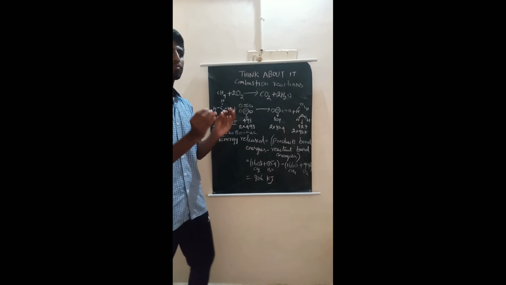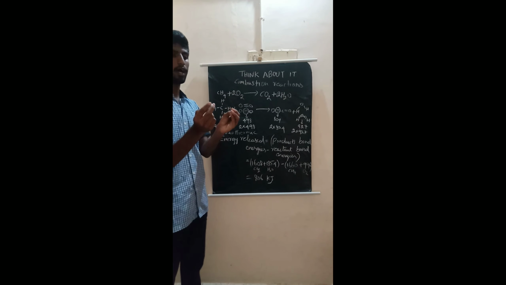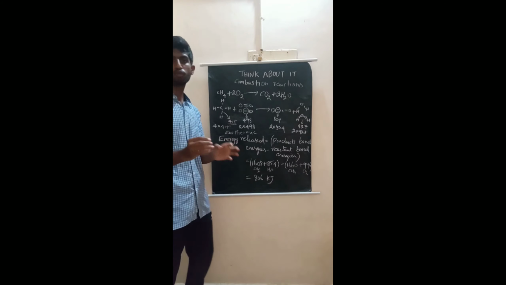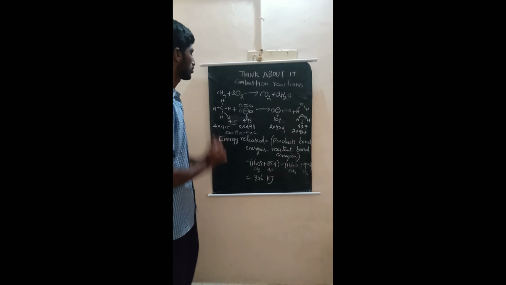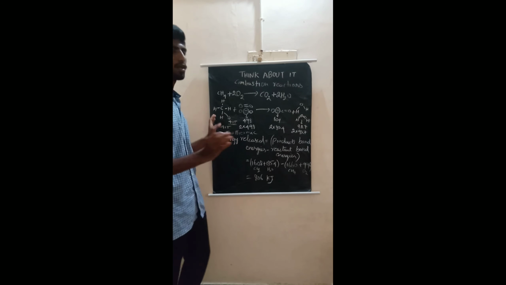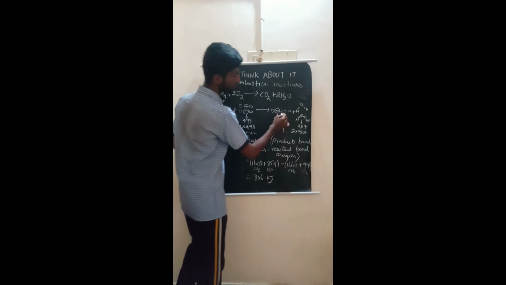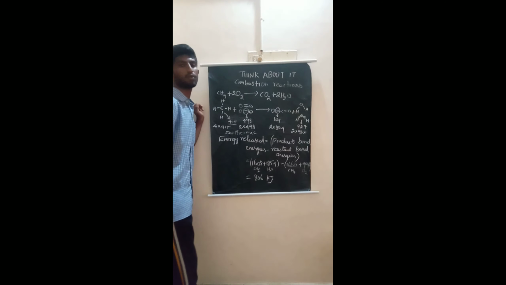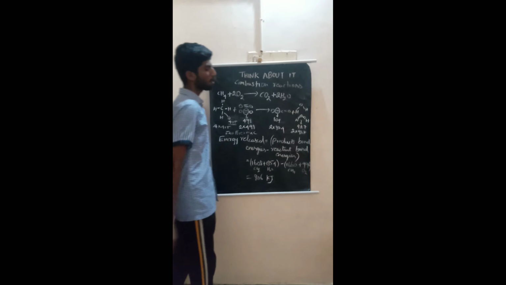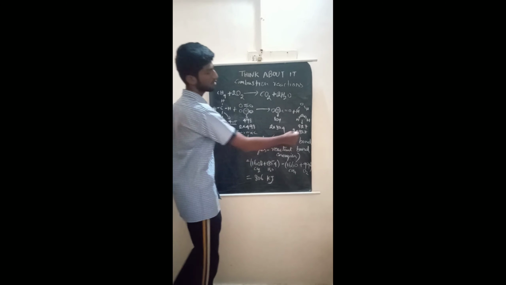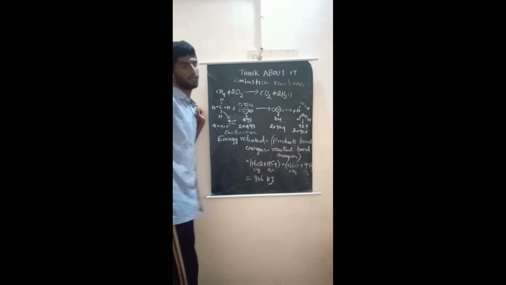Or, when two oxygen atoms combine to form a bond, this 498 kilojoules of energy must be released into the atmosphere. Only in this way does the formation happen. In a carbon dioxide molecule, one double bond strength is 804 kilojoules, and in a water molecule, the two OH bonds have a total strength of 927 kilojoules.